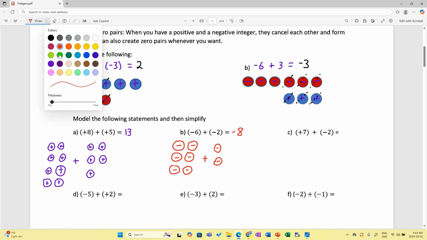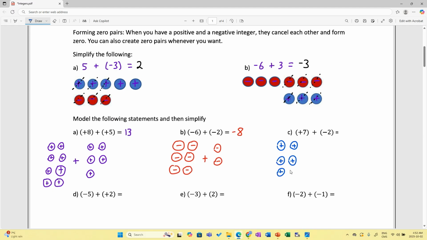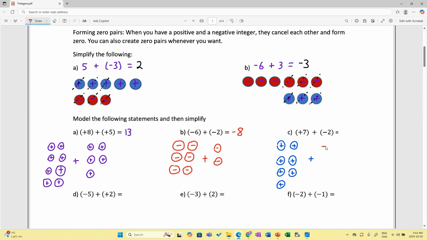Okay, now for C, I have 7 positive circles. And I'm adding it to 2 negative circles.